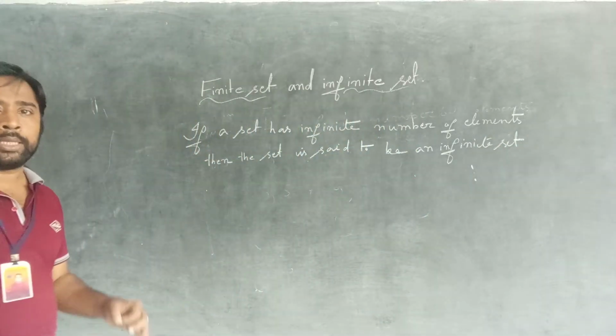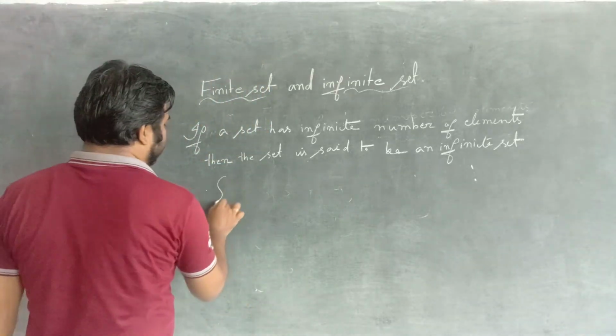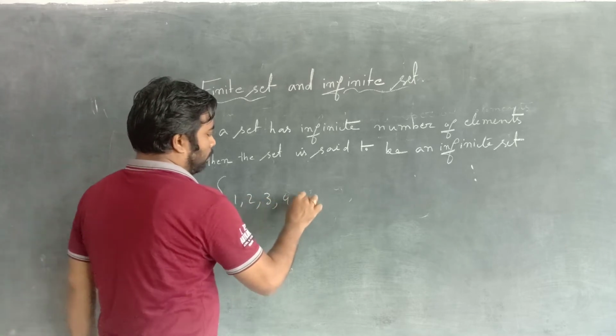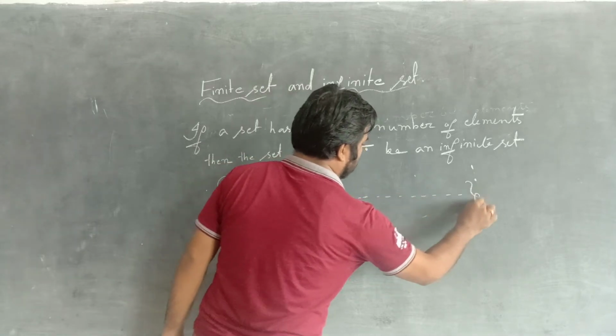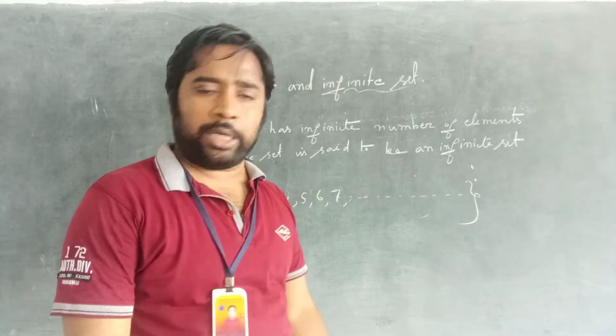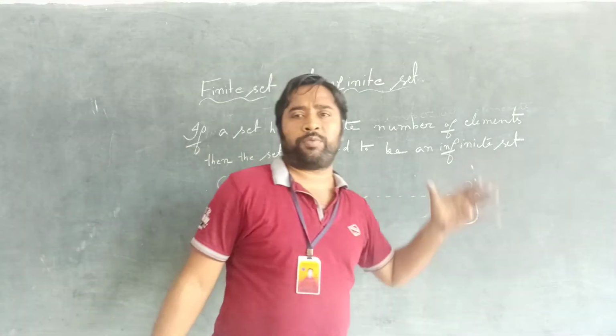So see, what is the meaning of infinite set? What is the definition of infinite set? Suppose there is a set, elements are 1, 2, 3, 4, 5, 6, 7, it is going on like this. So there is dot. So see, the last element we do not know. What is the last element? Since the last element is not known to us, we cannot count the number of elements.